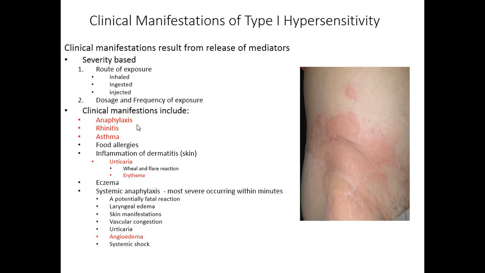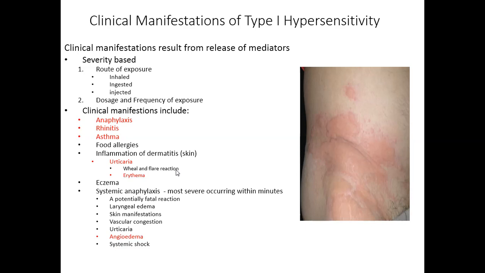What we see in type 1 hypersensitivity reactions related to the skin is what we call a wheal and flare reaction. The wheal is swelling, caused by plasma, body fluids, moving into the tissues.